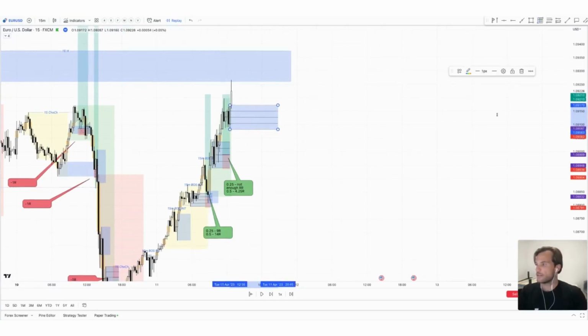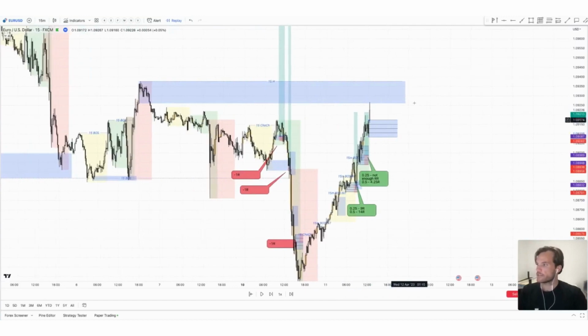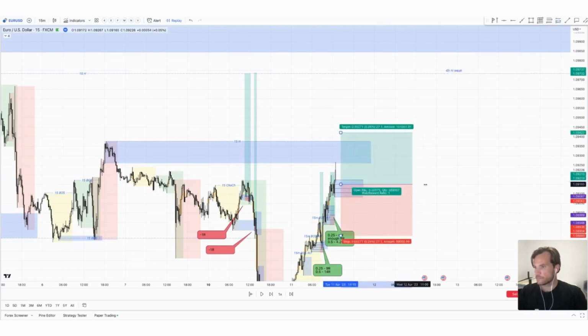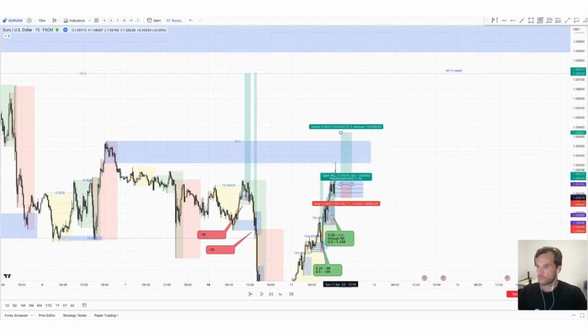And so we have hit the target of the main ones. Can definitely see us pulling back a bit here. But let's see what we've got. Yeah, let's go ambitious.